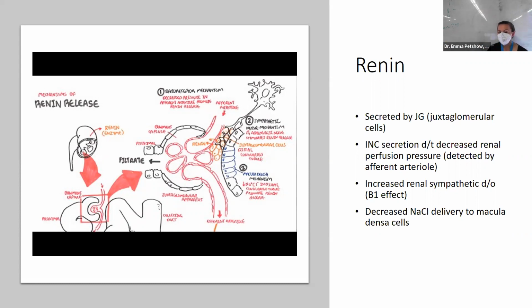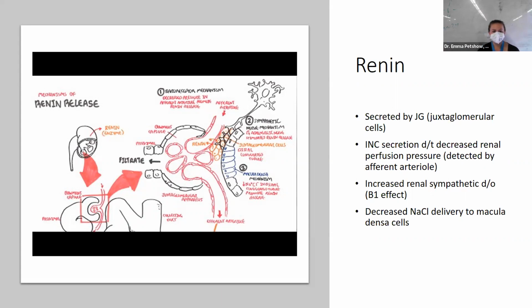It's also increased due to a beta-1 adrenergic effect of the sympathetic nervous system. It decreases sodium chloride delivery to macula densa cells because it's increasing our sodium chloride reabsorption into the blood.